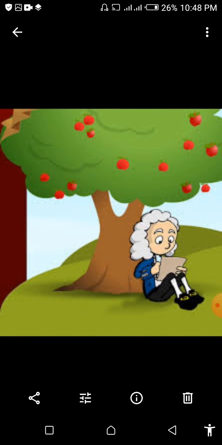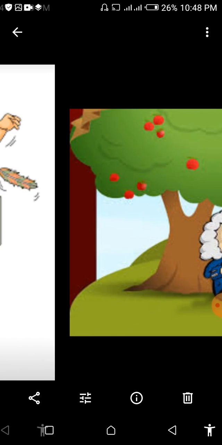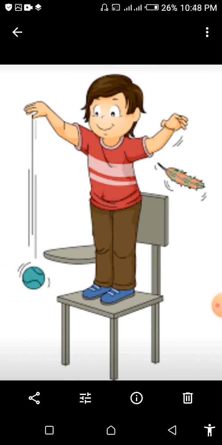And you know that it was discovered by Sir Isaac Newton in 1665 when he was sitting under an apple tree. When the apple fell down, he observed and thought, why did it fall? And then he discovered gravity. So gravity is a force that pulls everything down towards the center of earth.